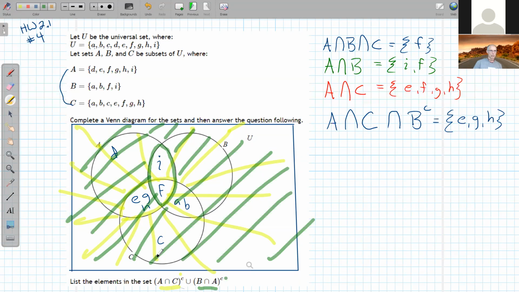Next thing I need to consider is, what is the union? Union means take these and just throw them together. So next thing I want is everything that has some yellow shading or some green shading in my picture here.